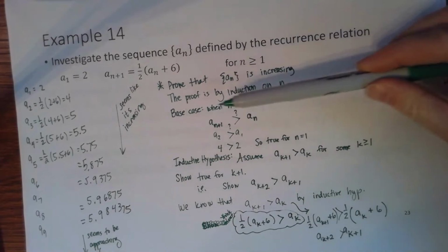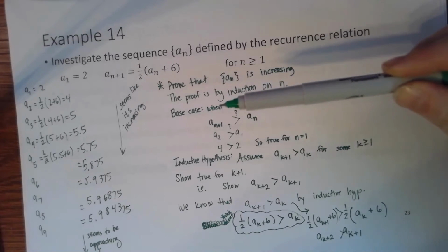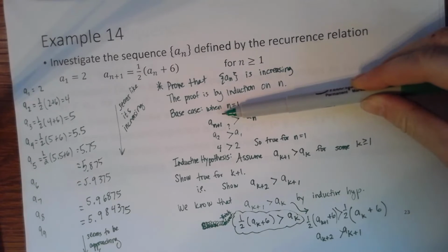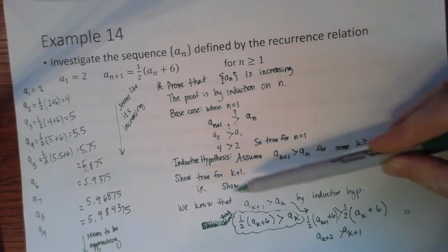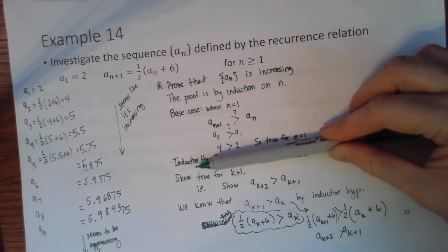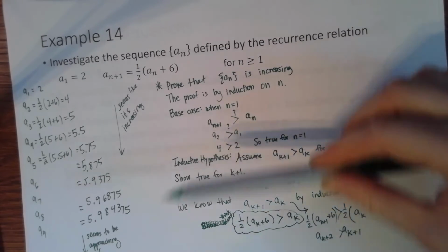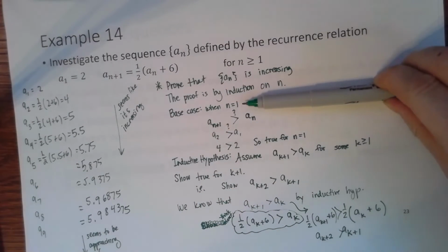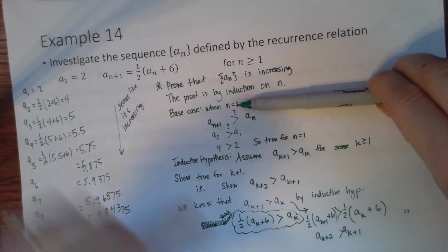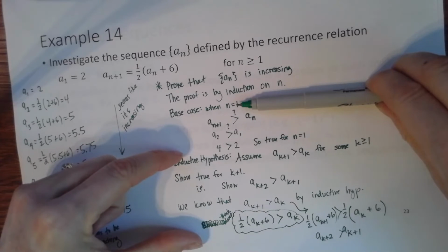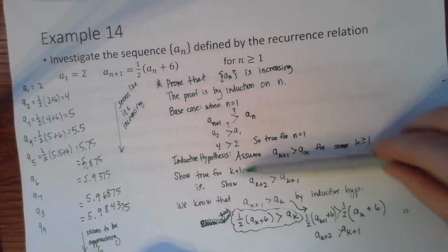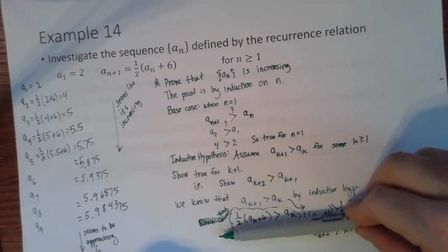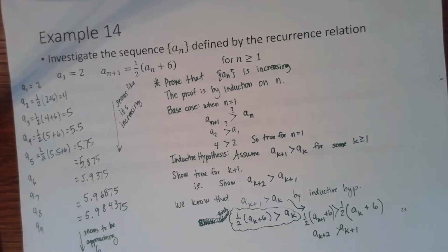Now I have the base case: it's true when n equals 1. And now I have the inductive step: if it's true for k, then it's true for k plus 1. So it is true for 1, and these parts together show me that it has to be true for 2. Then if it's true for 2, it's true for 3. If it's true for 3, it's true for 4. And that's the power of induction.